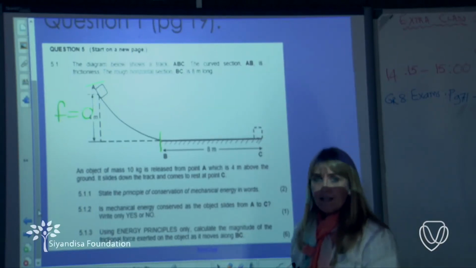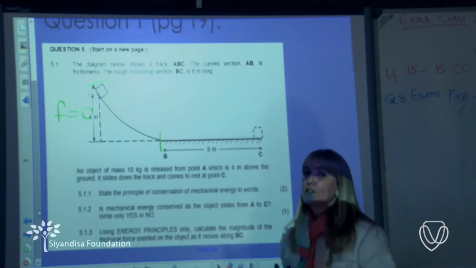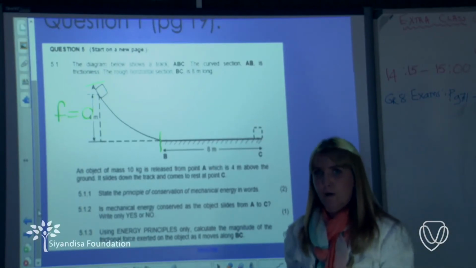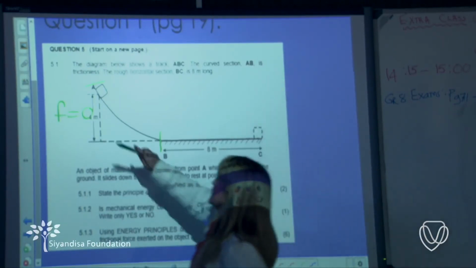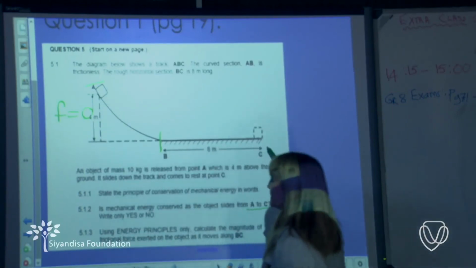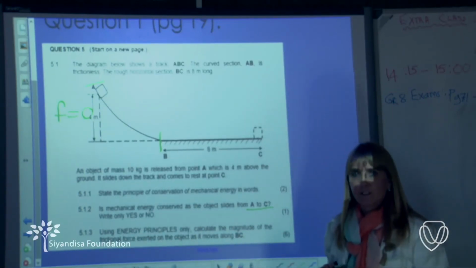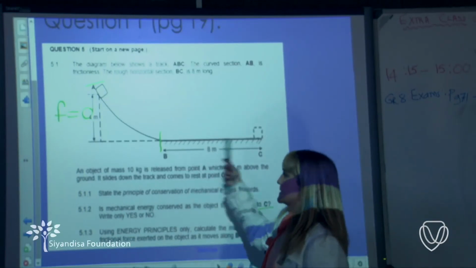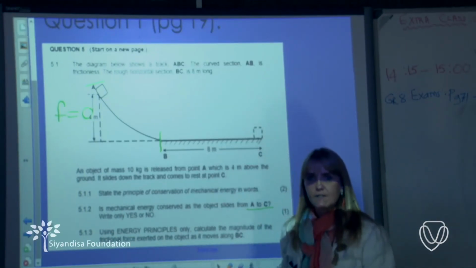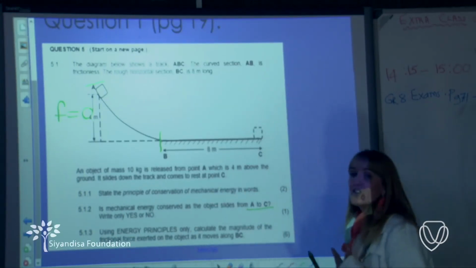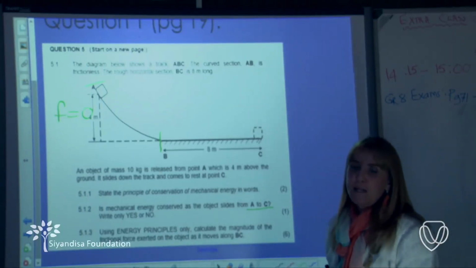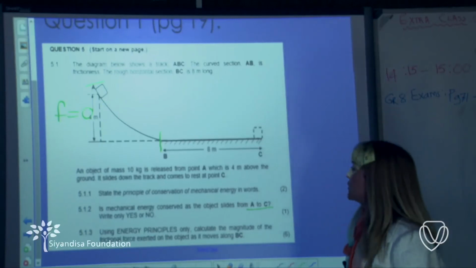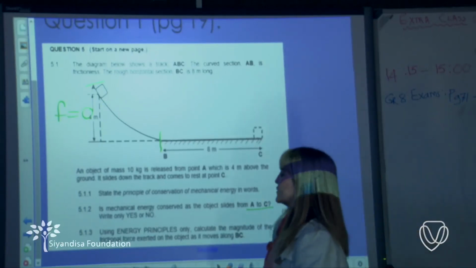Now, what does an isolated system mean? It means that there are no external forces like friction present. So they are saying, from A to C, will mechanical energy be conserved? Now, between B and C, we know that friction exists. So immediately we know that this is not an isolated system, and therefore mechanical energy cannot be conserved at this stage. So your answer to 1.1.2 is no.